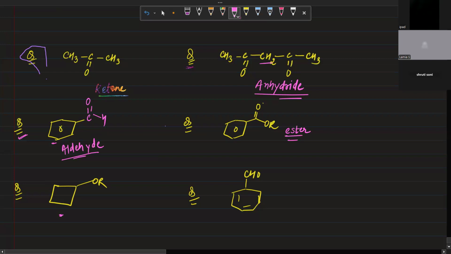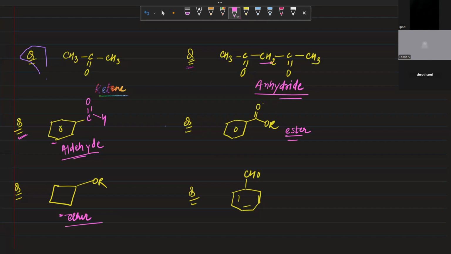Would it be an ether? Yeah, you are great at this. Thank you. I'm just thinking that if you are not able to guess the correct functional group, then it may cause some sort of issues when we do chemical properties.